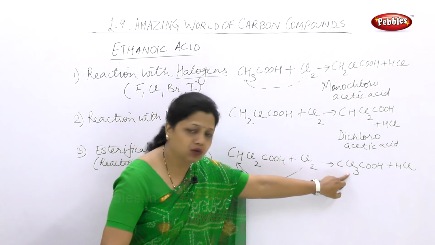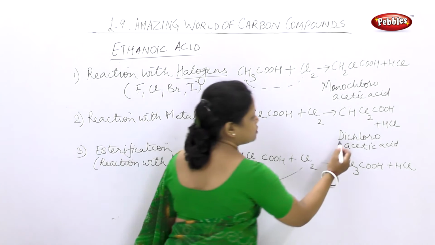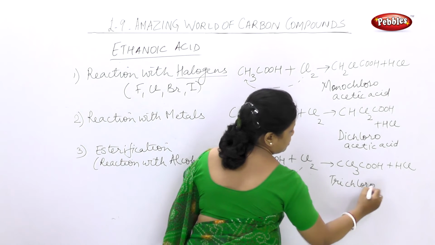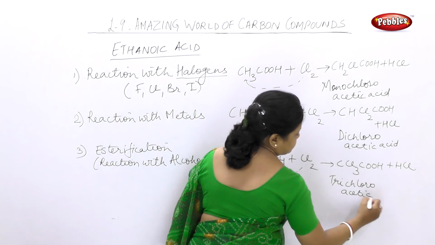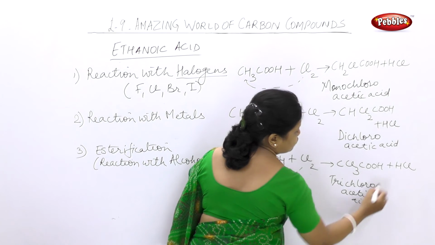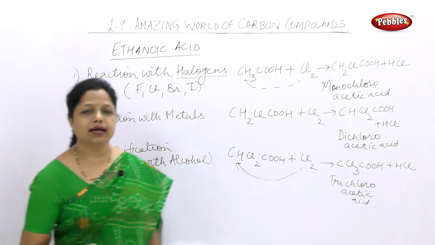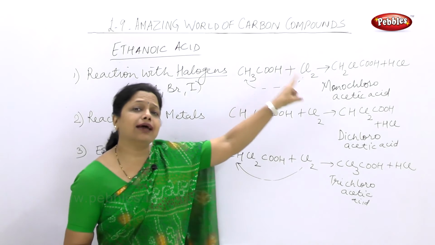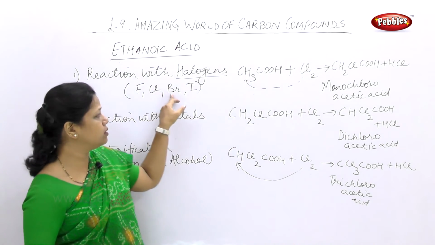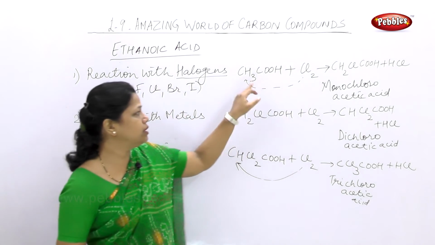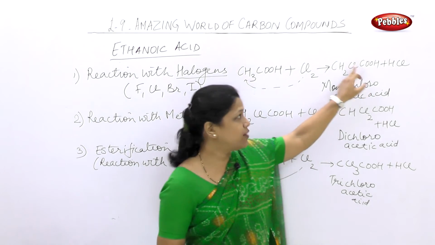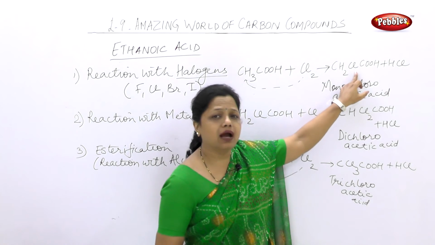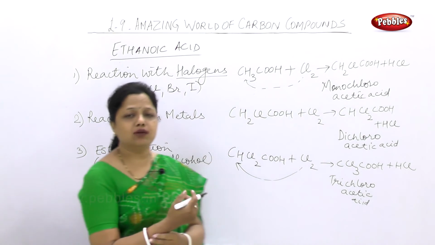Now here how many chlorine are there? 3. So instead of di it will become trichloroacetic acid. And what is formed along with it? Hydrochloric acid. This is the reaction of acetic acid with halogens. Now if I take bromine also, instead of Cl you will be only writing Br. If I take I, that means iodine, instead of Cl here you will be writing I. So it depends on which halogen you are taking.